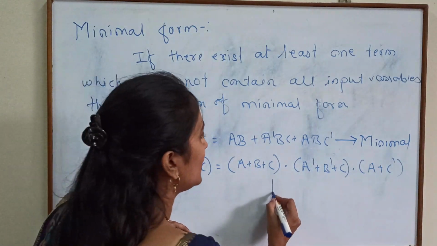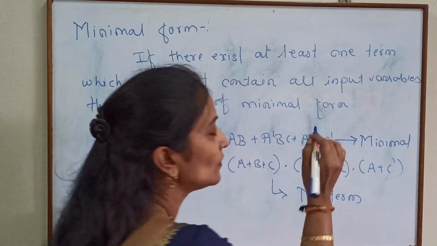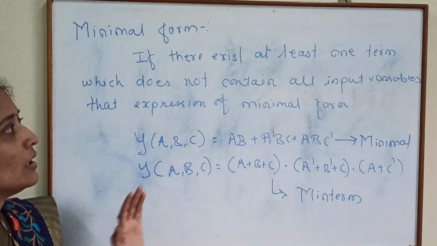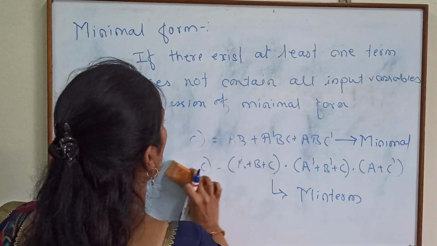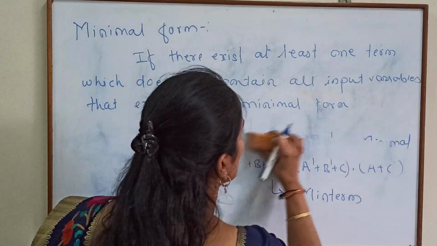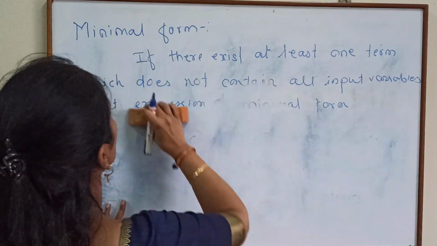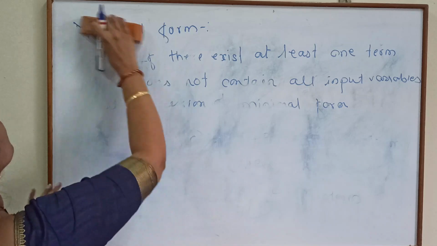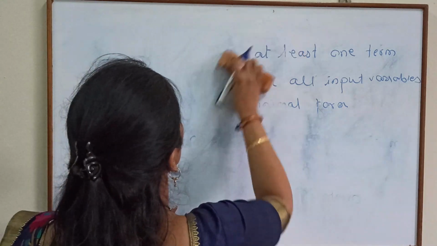Therefore, this is again an example of minimal form. Now we have seen what is canonical or standard form and what is minimal form, what is min term and what is max term. Now I will tell you how to find the forms of max term and min term.